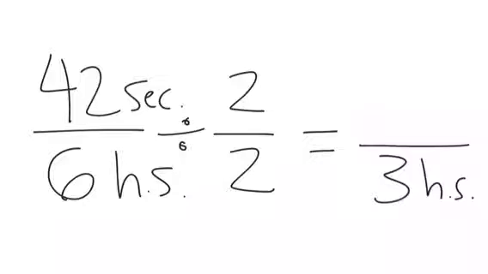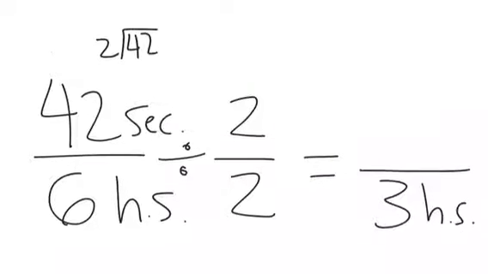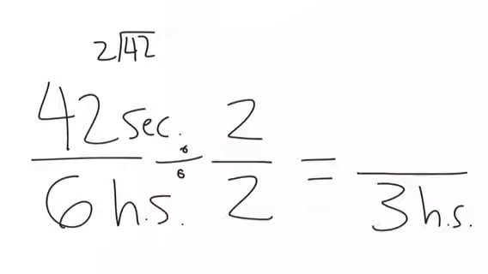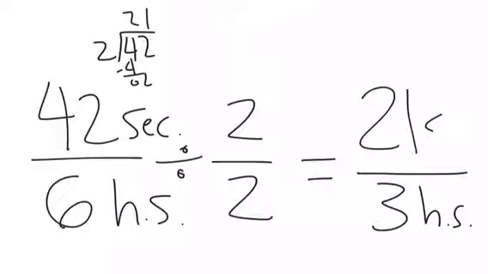Let's go ahead and divide 42 by 2. 42 divided by 2, it goes in twice evenly. Bring down our 2, it goes in once evenly. So 21 seconds in 3 handstands. There's the answer to our question.